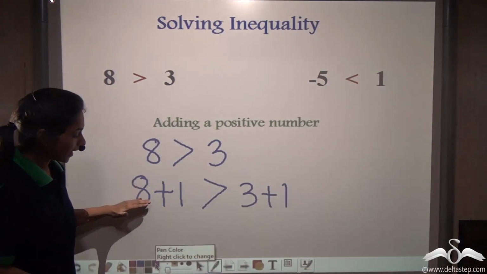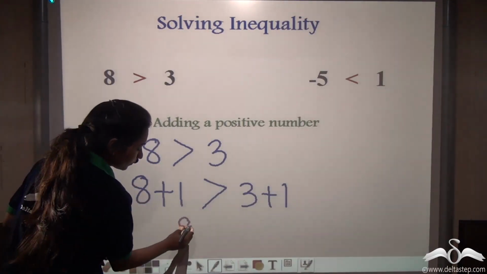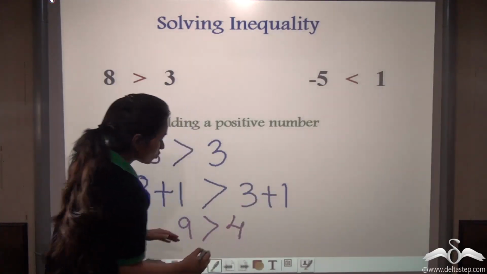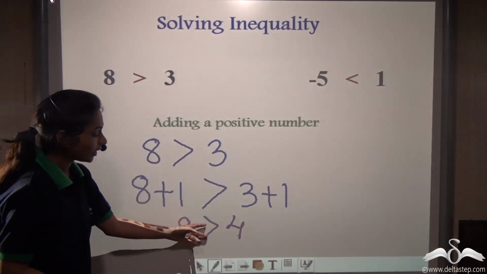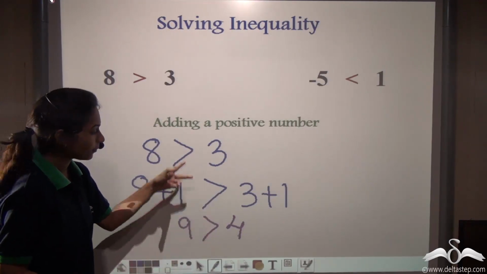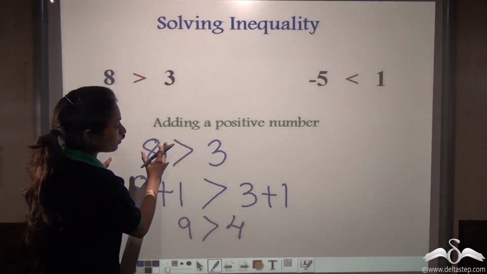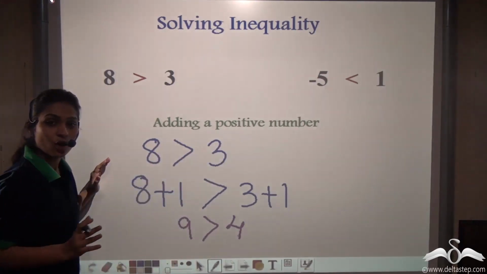What do you see? 8 plus 1 gives you 9, which is greater than 3 plus 1, which is 4. So the numbers changed, but the inequality sign, that is greater than, remained the same. So we can say that even if we add a positive number both sides, the inequation will not change.